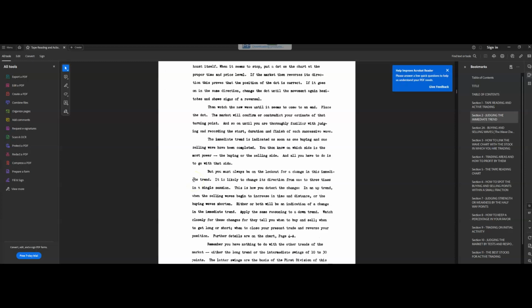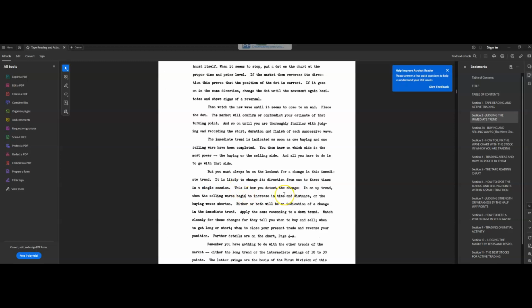Immediate trend is basically the 5-minute chart and the waves on the 5-minute chart. It is likely to change its direction from 1 to 3 times in a session. Now here it is. Pay attention. This is how you detect the change in the trend.